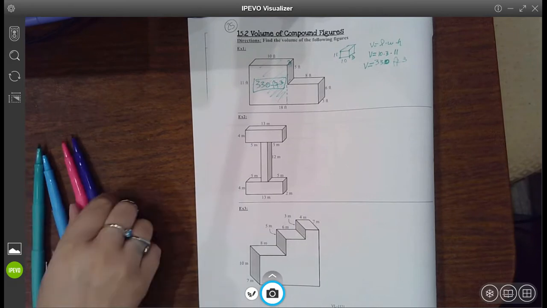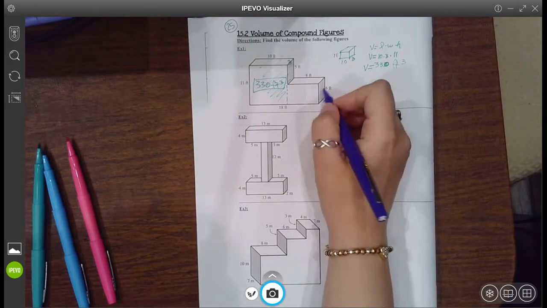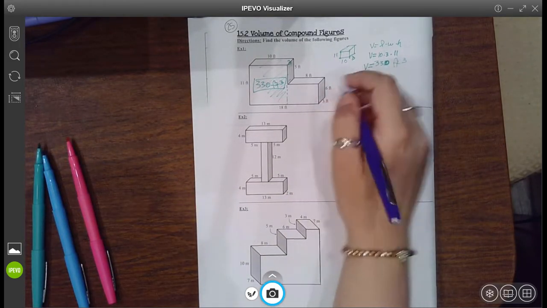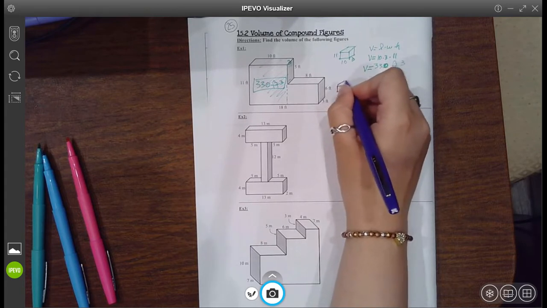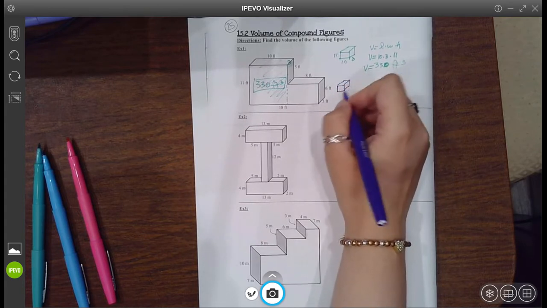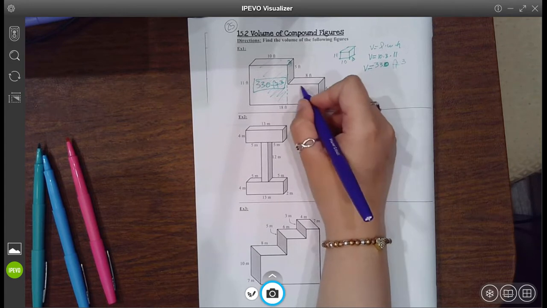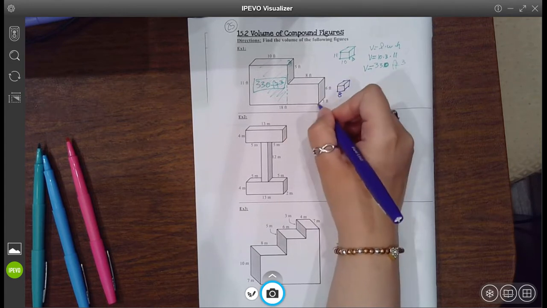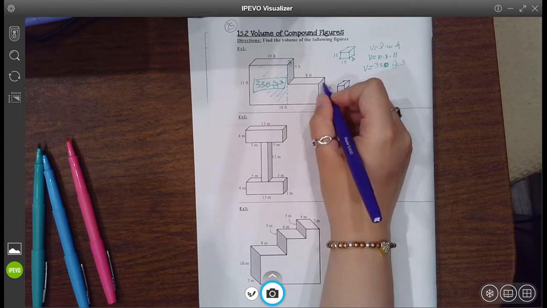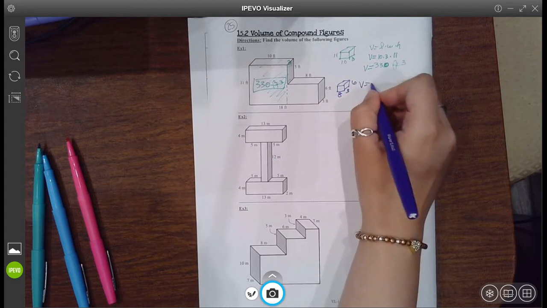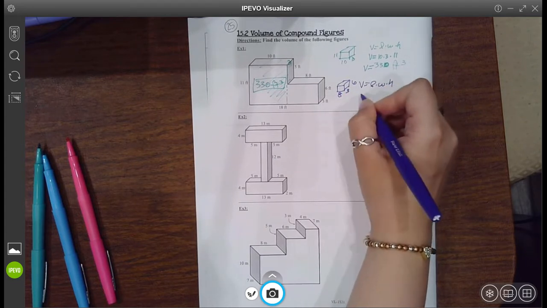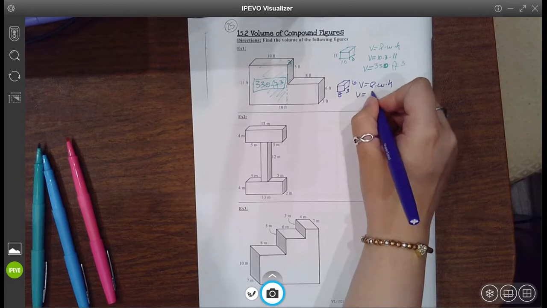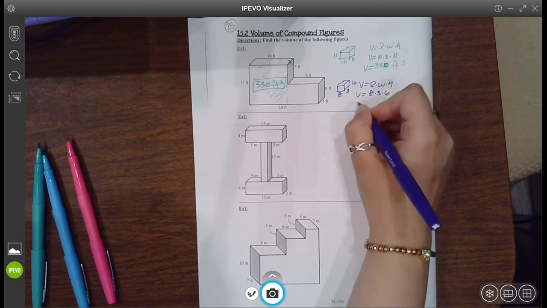Now I also want to do the volume of this guy over here. So the length, this is the same as that, which is 8. The width is 3, and the height is 6. So length times width times height would be 8 times 3 times 6.